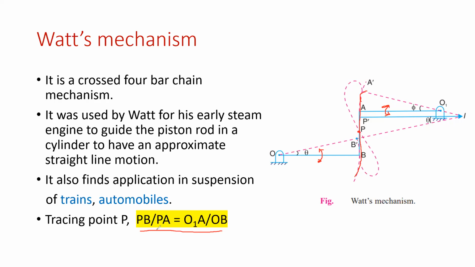This ratio PB, that is the distance of point P from B, to PA should be equal to O1A, that is this link O1A, upon OB. If you maintain this ratio, then point P will be moving along an approximately straight line.